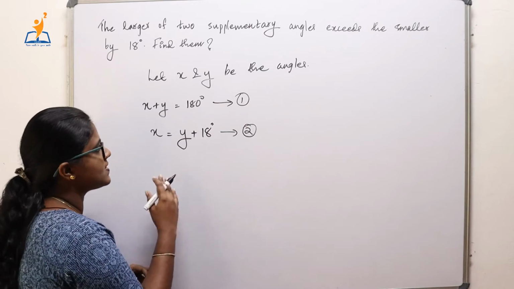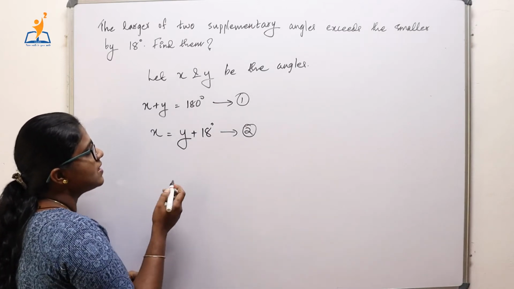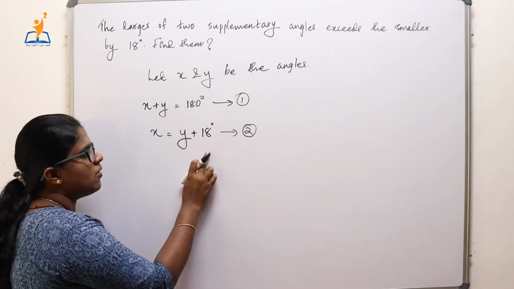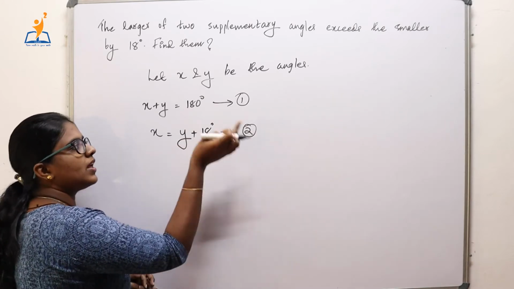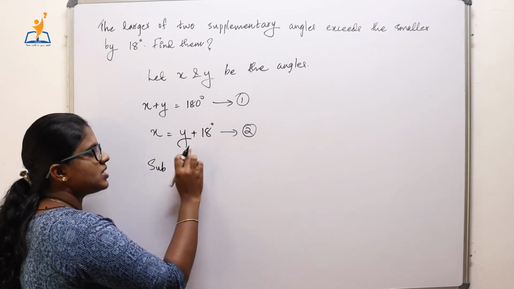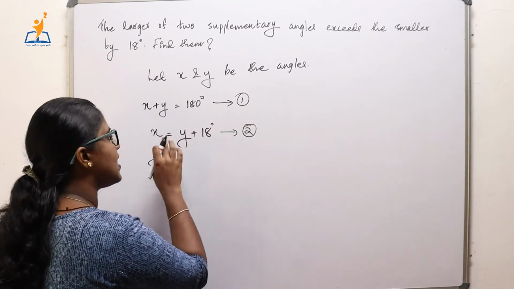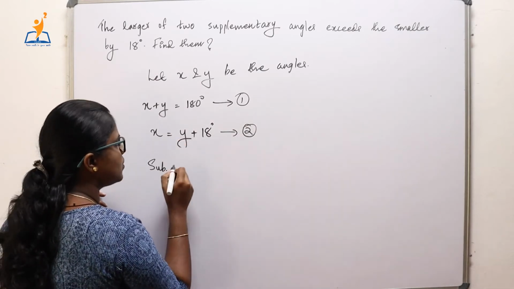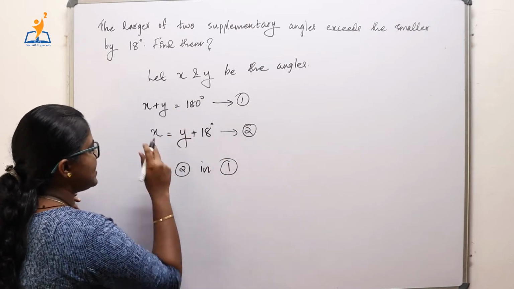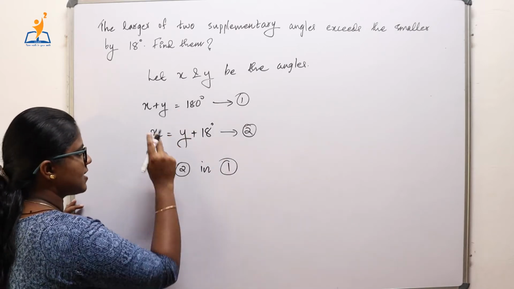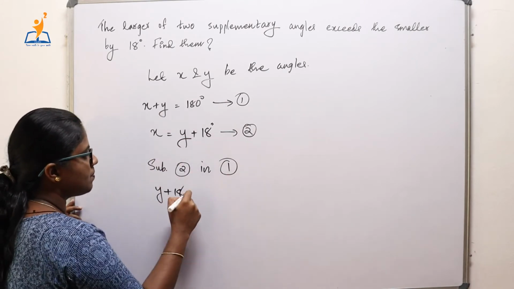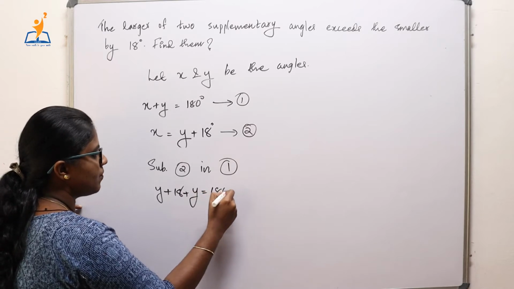Now let's move on to the substitution method for solving this. From equation 2, x is already found, so we can directly substitute equation number 2 in equation number 1, since equation number 2 is already given as the value of x. Substituting, we get x plus y, where x becomes y plus 18, plus y equals 180 degrees.